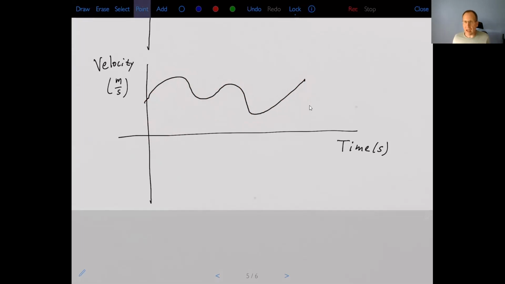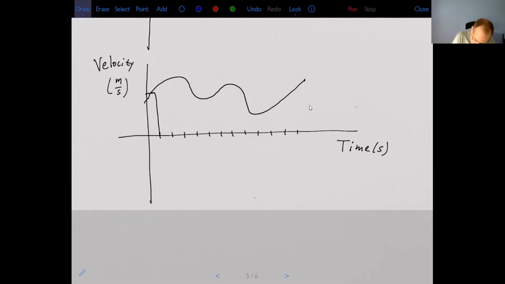But one way you could estimate it graphically is you could break this up into little squares. Let me just break this up into little time intervals. Over that time interval, the average is probably halfway in between, maybe something like this.